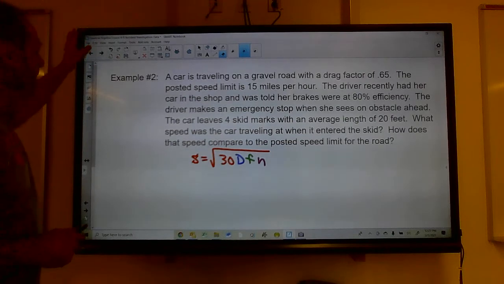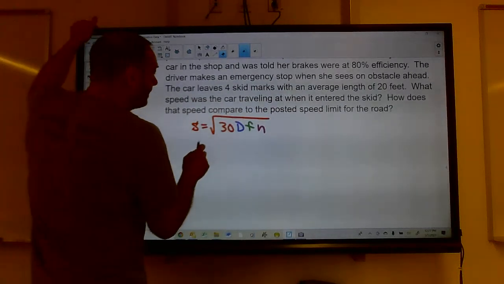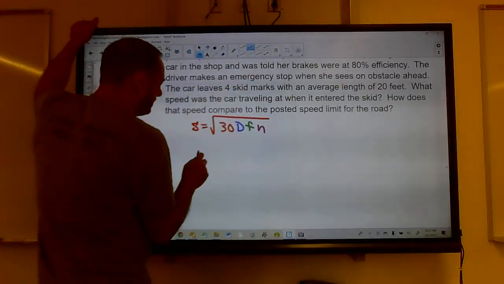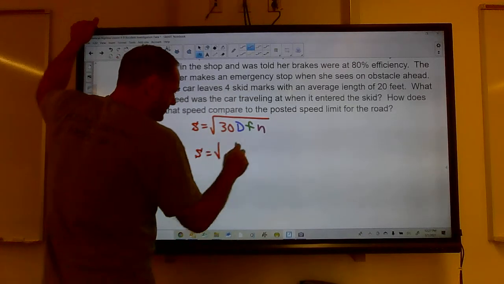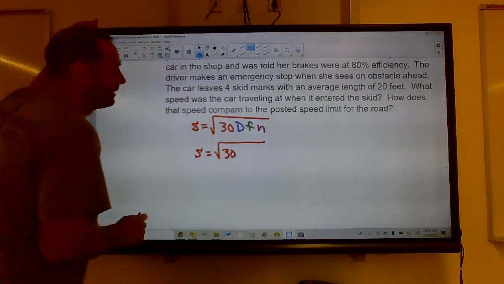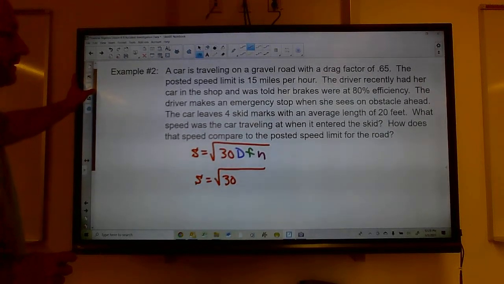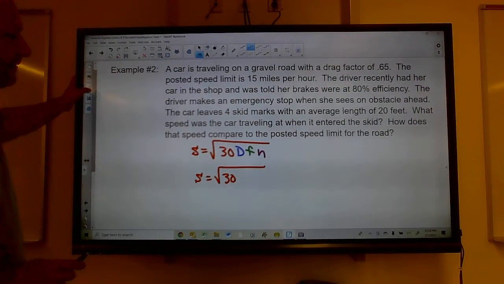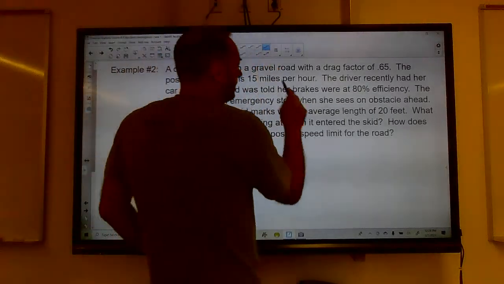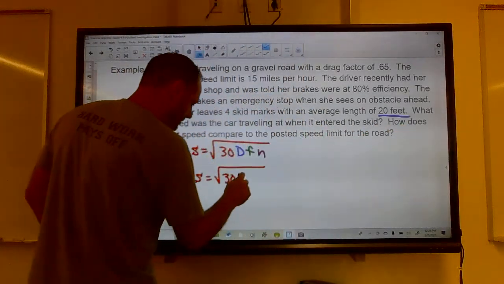Okay, so her speed is the square root of 30. Okay, so D was the length of the skid marks. That was 20 feet.